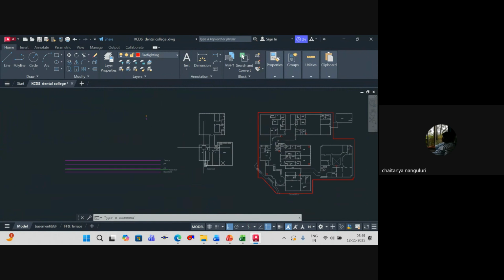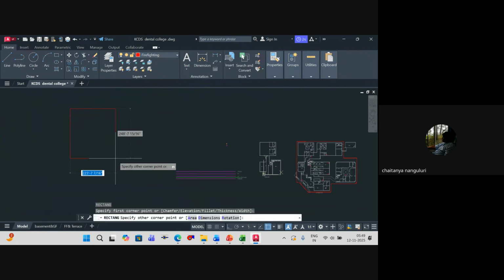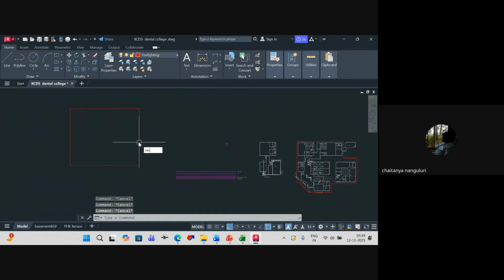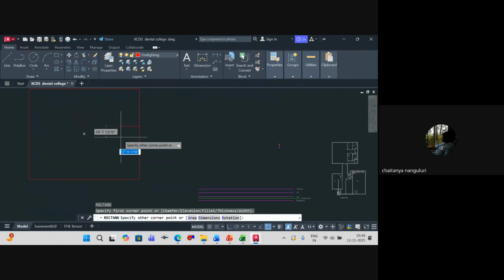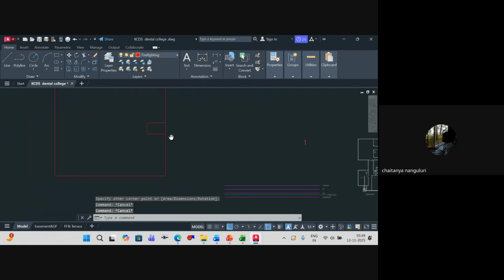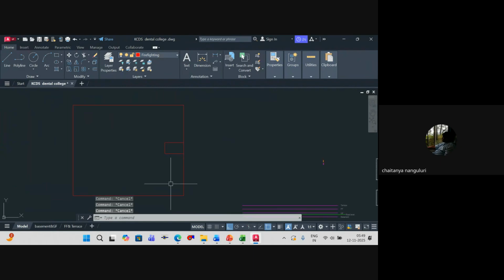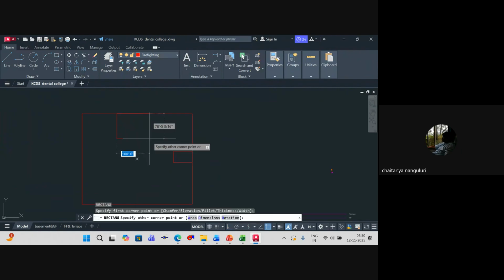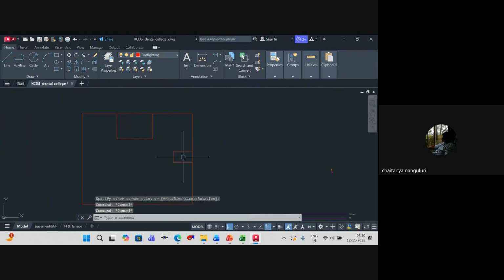For example, I'll just give an example. Let's say this is your building, and this is your staircase in the building. From external entry or whatever it is, you will have the entry to the building anyway, right? So if you have a pump room attached to this staircase, say in the basement, this is your pump room, let's say, and the pump room entry could probably be over here.